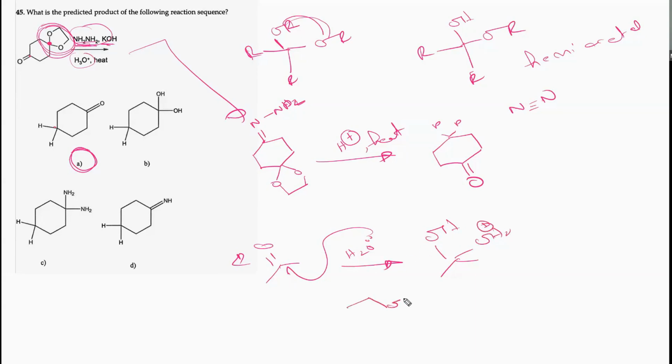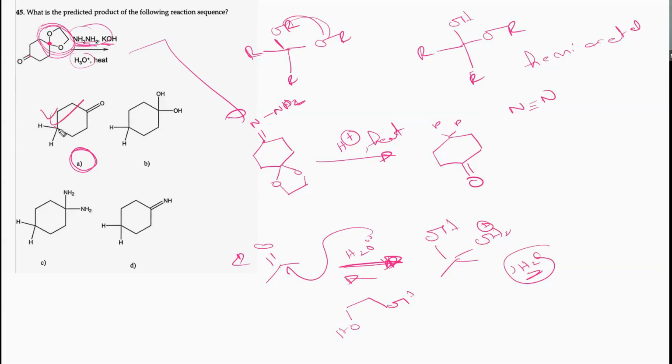And if this is ethylene glycol, then you form an acetal that is cyclic, which forms fairly easily. And if you can remove the water using a Dean-Stark apparatus or something, this is always going to be in equilibrium. And if you're able to remove the water, you can push the equilibrium towards the right. And you can remove the water by heating and evaporating the water. So that's kind of a background.